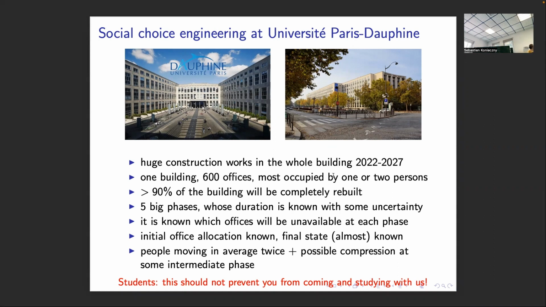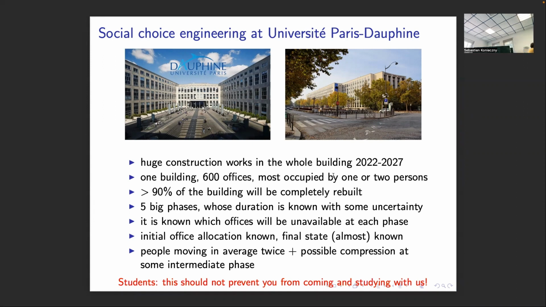So more than 90% of the building will be totally rebuilt, and there will be 5 big phases whose duration is known with some uncertainty. It is known which offices will be unavailable at each phase. Of course, the initial office allocation is known. The final state is almost fixed now.